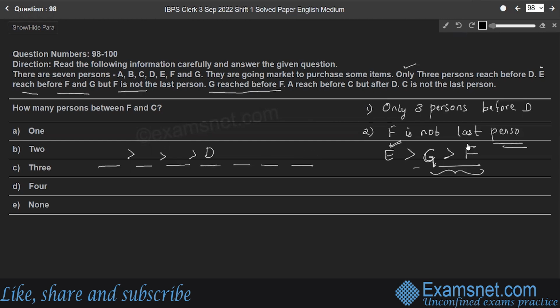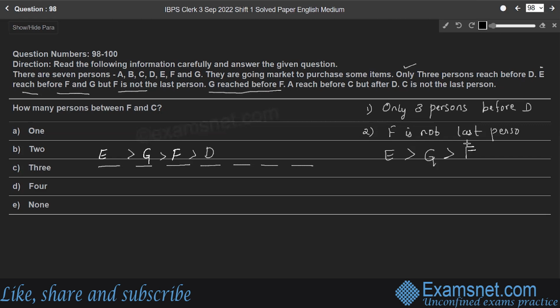Therefore, we cannot take E and G also after the fourth, that means the fifth and sixth persons. Therefore, E will be the first person, G will be the second, and F will be the third person, so that all three conditions get satisfied.